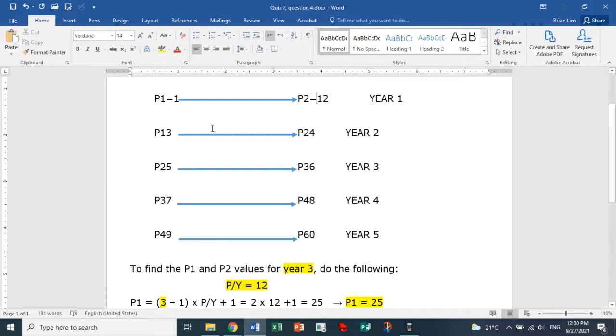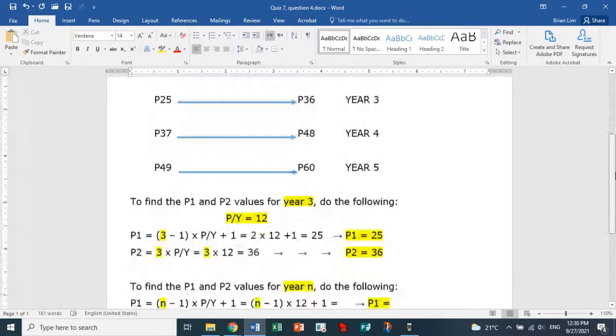Okay, so we can put it like that, and so on. And then for the year number 2, the P1 would be 13, and so on. Okay, so that's the payment, the 13th or the 24th. P is for payment. All right, so that is how it'll work.